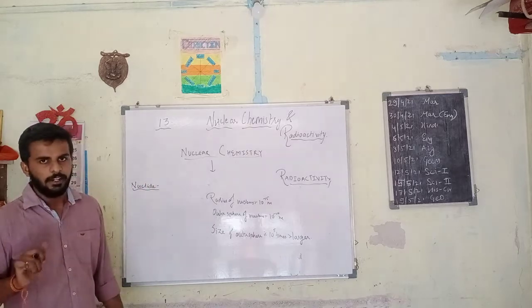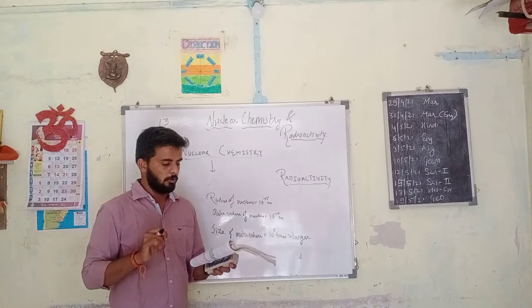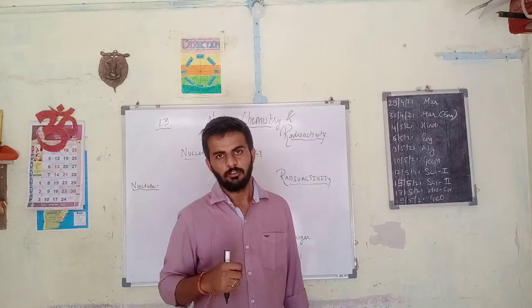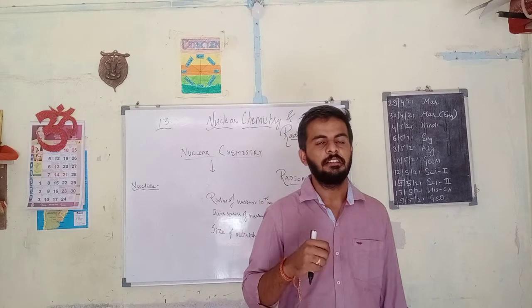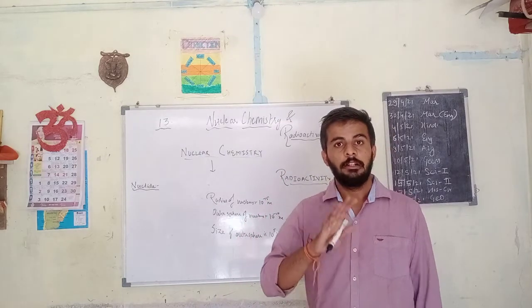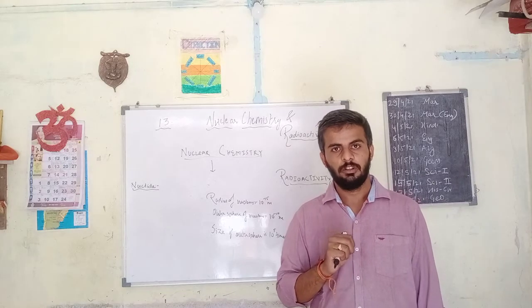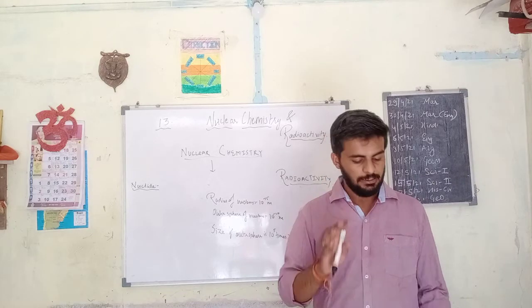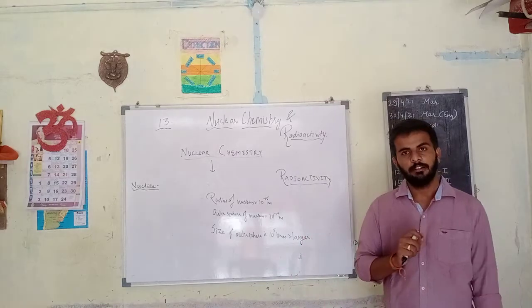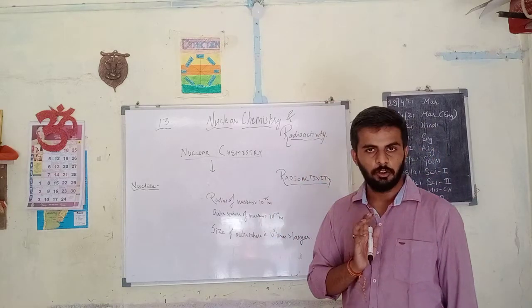For understanding nuclei, we need to know what an isotope is. An isotope is something which has the same atomic number but different mass numbers. The nucleus of such isotopes is called a nuclide.